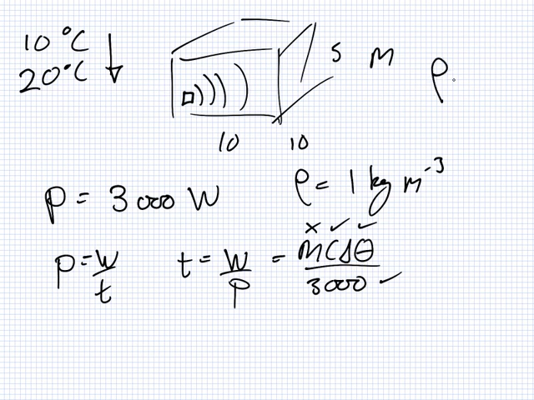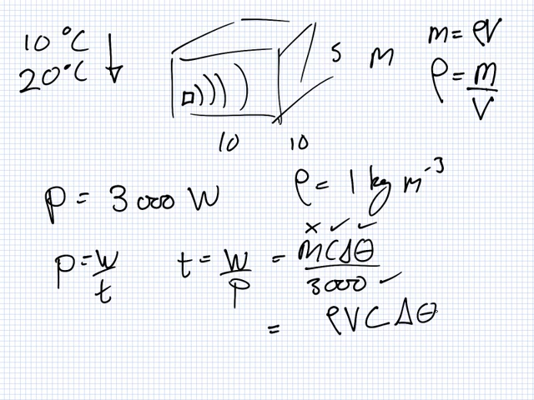Density equals mass over volume. Volume, not voltage. So that means the mass equals density times volume. So we can write this formula as density, volume, heat capacity, delta theta over 3000.